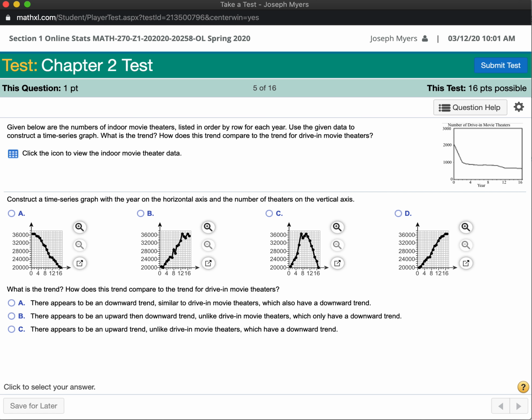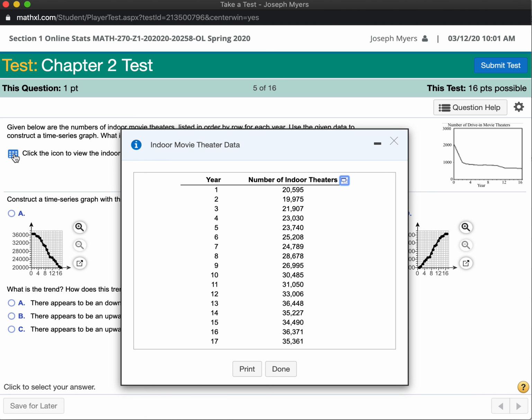Okay, now here's some time series data of movie theaters. Now notice mostly the overall trend is going up. There's a couple times when it goes down just a bit, but mostly it goes up, although it somehow levels off slightly at the end, and it also has a tiny dip near the beginning.